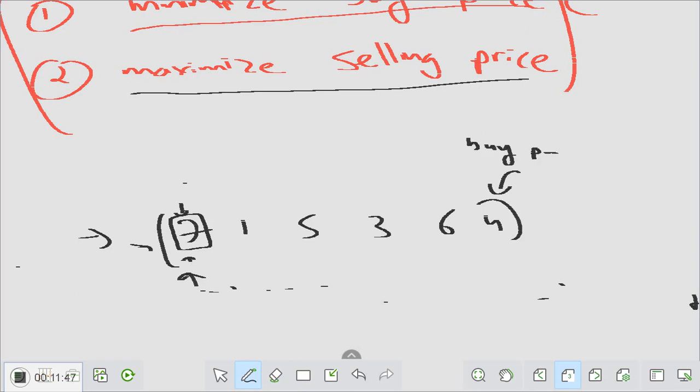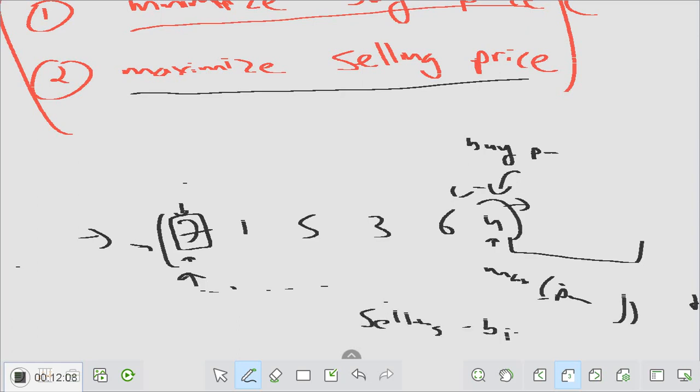The buy price is moving, and my selling price will be the maximum I have on the days after this particular day. So I'm going to keep track of my maximum price, which is going to be my sale price, and I'm just going to subtract my current buy price from that selling price. Let me just implement this approach, and there is not much to explain.